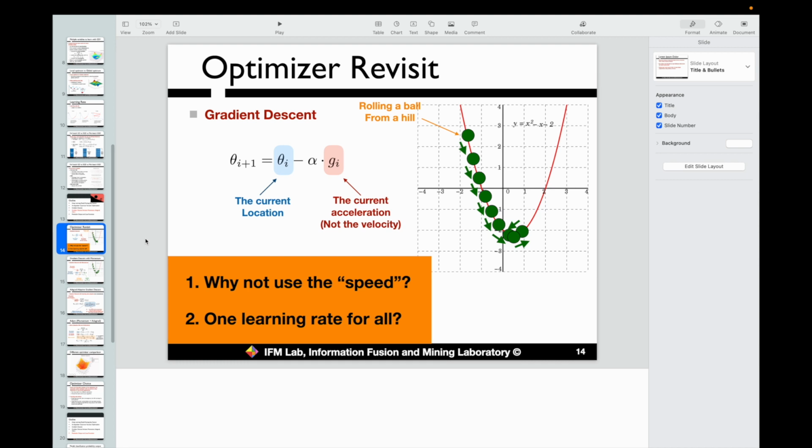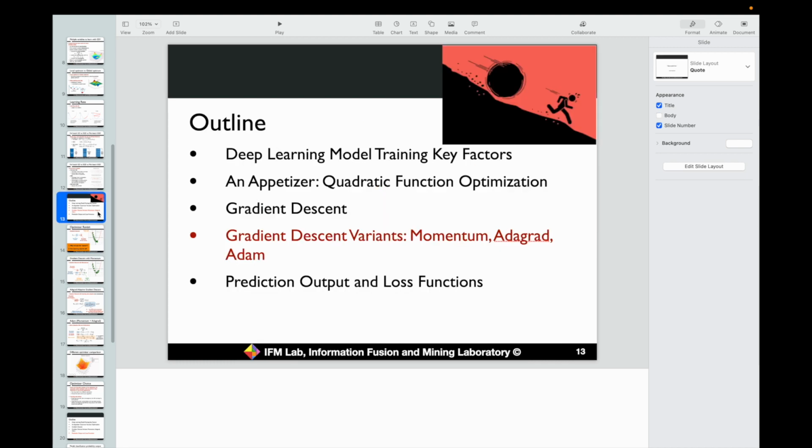According to gradient descent, we are updating these variables iteratively in each step, right? We calculate the current gradient, and based on the current variable values, we update them. If we check this updating process, it is very similar to rolling a stone down from a hill. The stone will roll down gradually and iteratively.